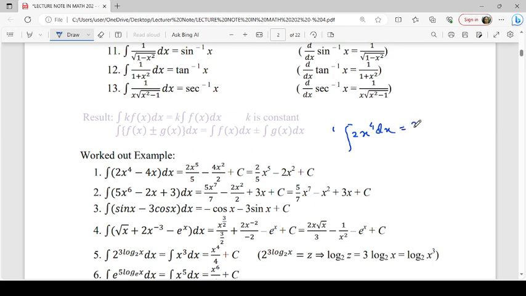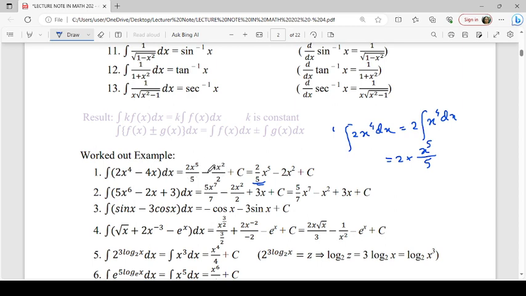The 2 comes outside, then the integration of x to the power 4 dx, which is of the form x to the power n, where n is 4 here. So it is 2 into x to the power 4 plus 1, which is 5, divided by 5. So this is equal to 2 by 5 x to the power 5. Similarly, for minus 4x, minus is there, then 4 into the integration of x, which is x square by 2.